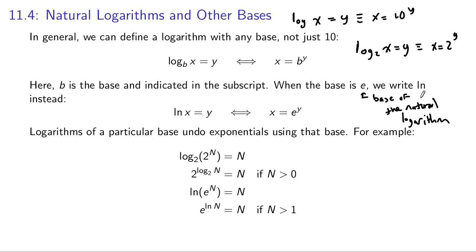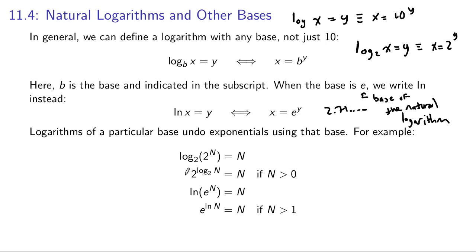So ln means log base e. We write ln because the natural logarithm comes up all the time in math, so we want a nice, short, easy way of writing it. So ln of x is y if and only if x is e to the y. Remember, e was 2.71 and so on. It's a number.